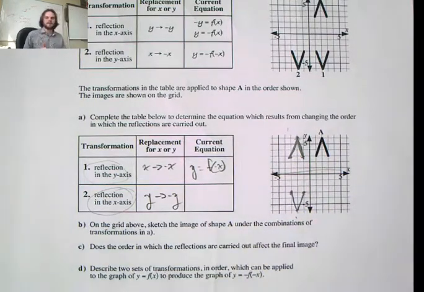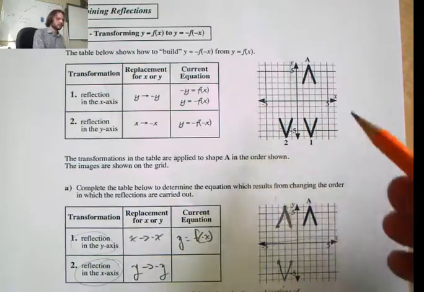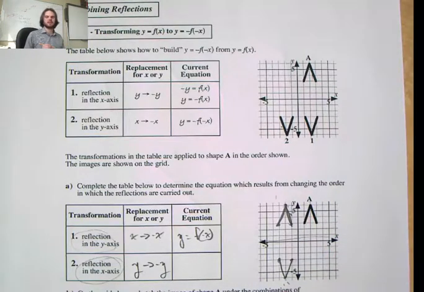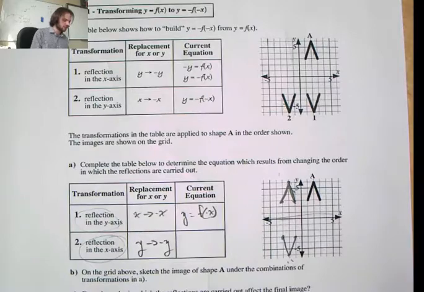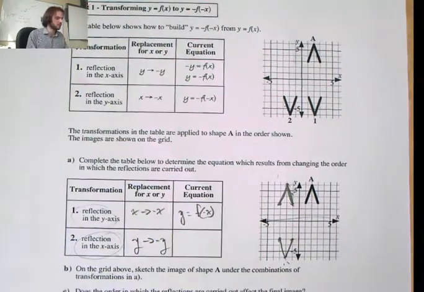Okay? If we look at that, if I did y and then x, or if I did x and then y, we ended up getting the same thing, which is kind of interesting, isn't it? So it doesn't matter the order of which we really do our reflections here.